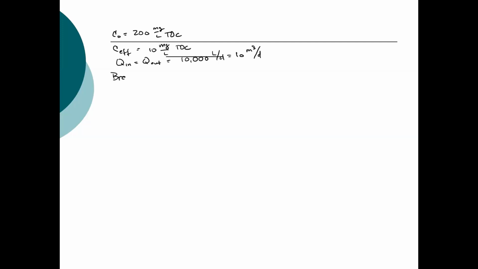So our test or pilot scale column contains 3 kilograms of carbon. So that's our GAC. The volume to breakthrough, we said, is 2,080 liters. Volume to exhaustion is 2,930 liters.